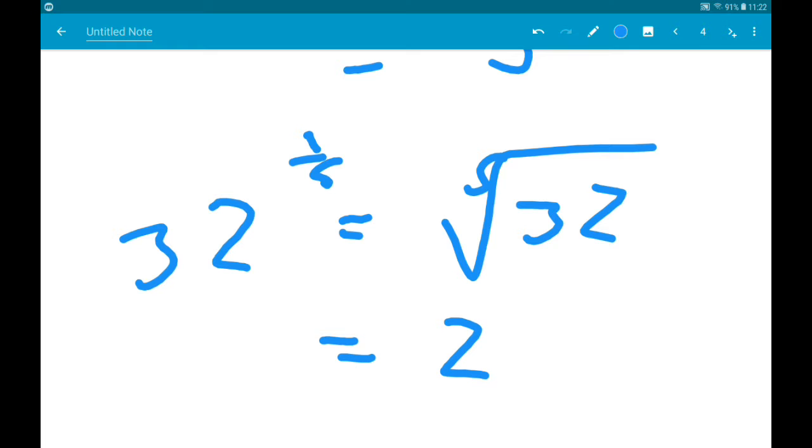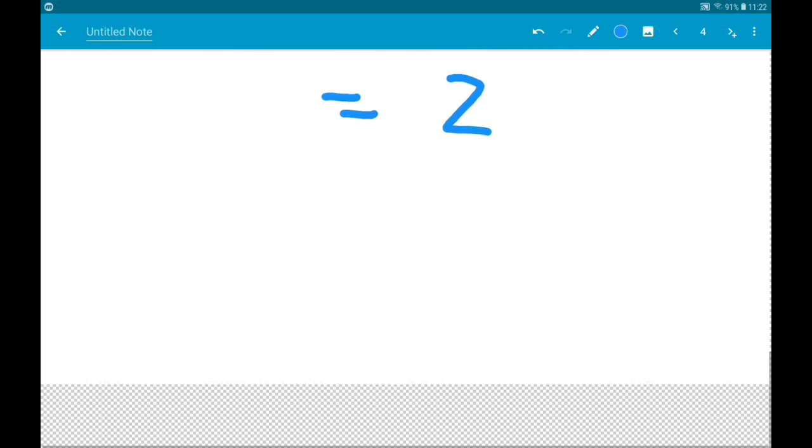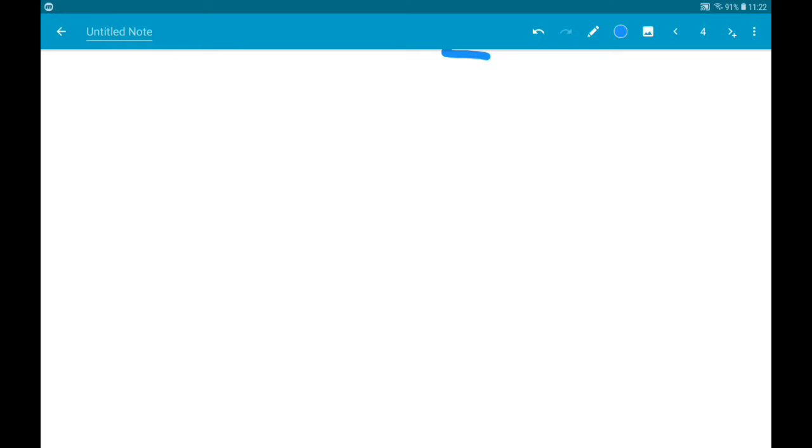Let's do one more. Let's go 125 to the power of 1/3. So that's asking for the cube root of 125.